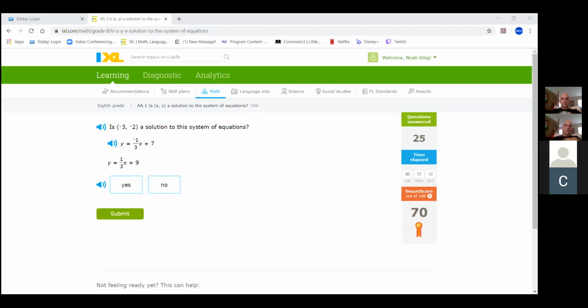So see how the x value is -3? If you remember, -3 is really -3 over 1, right? When we multiply it by that fraction of -1/3 or 1/3, when we do multiplication of two fractions, we can cross simplify. So the 3 will actually cross simplify, right?